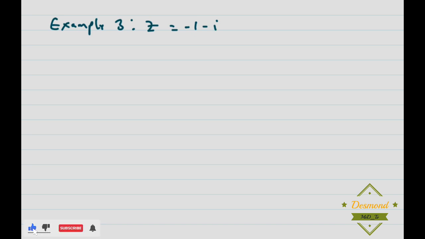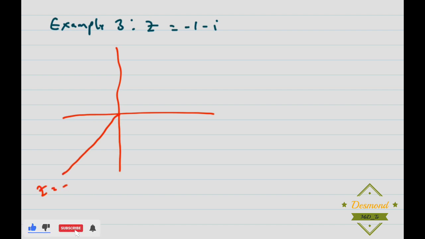So in example 3, you have the complex number z equal to negative 1 minus i. So draw our diagram here. We plot it. It's going to be in the third quadrant. Let's say it's right here, z, negative 1 minus i.